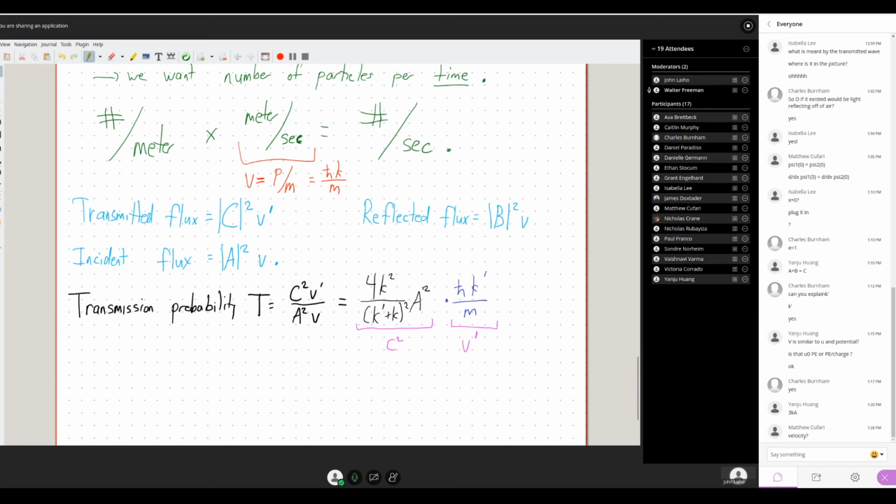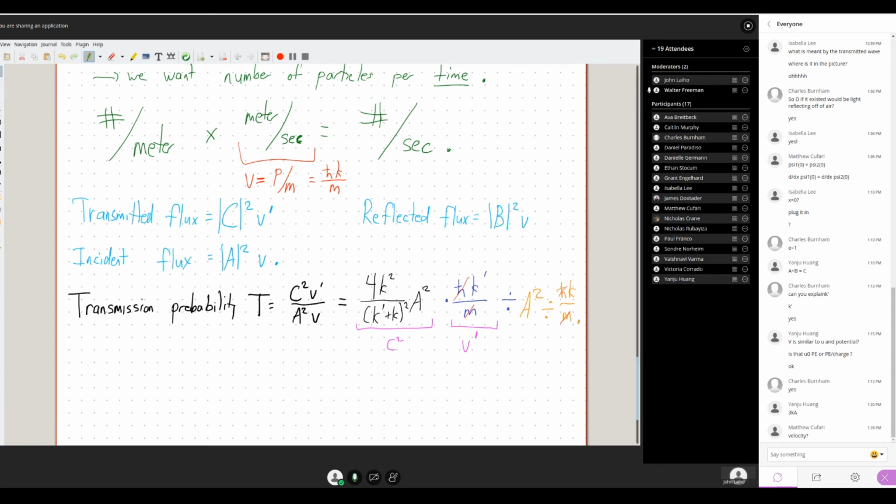And now I need to divide by the denominator. So all divided by a squared divided by v, which is h bar k over m. This looks disgusting, but it's not so bad because a lot of these things cancel, right?